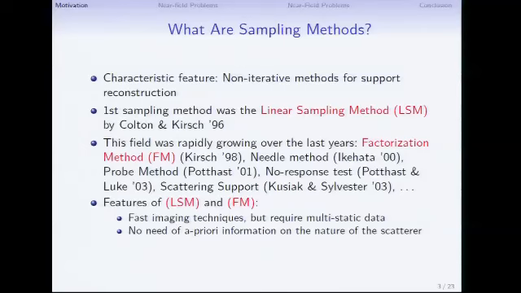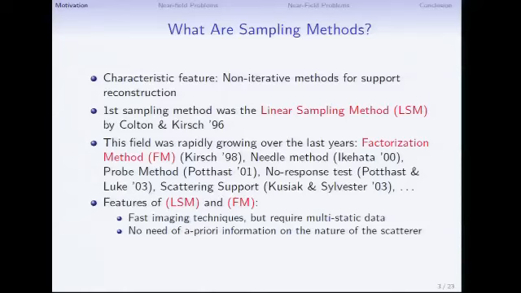So somehow the characteristic feature of all these methods is that they start by giving up something, really. You give up the aim to reconstruct everything. Namely, you are not interested anymore in reconstructing physical properties of the material. You're not interested in values of the material parameters, but you're just interested in shape.